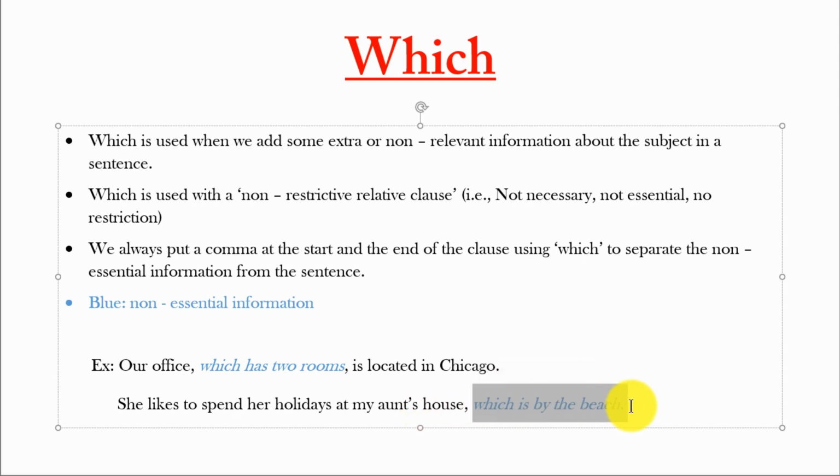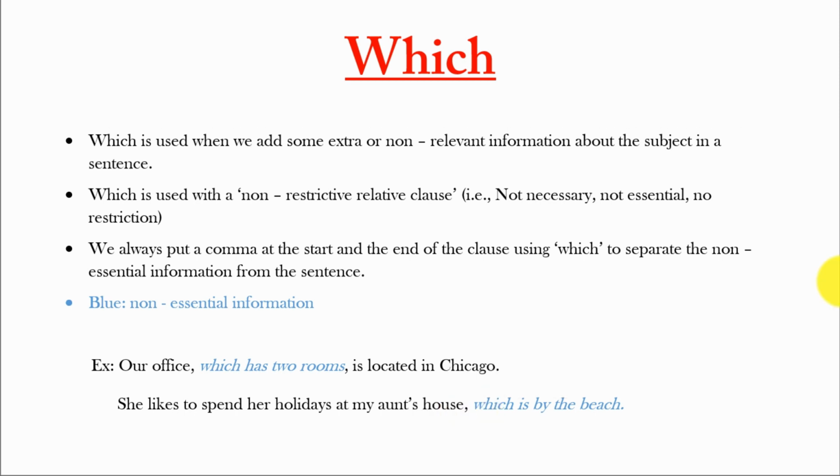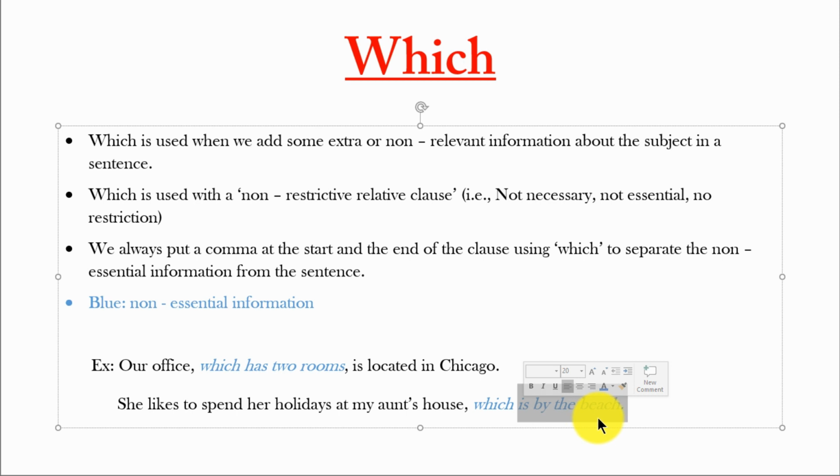So is this information relevant in context to the complete sentence? No, it isn't. What's relevant is that she likes to spend her holidays at my aunt's house. Where the aunt's house is located is not that important, neither is it necessary. And hence I have used which and not that to convey this extra information.